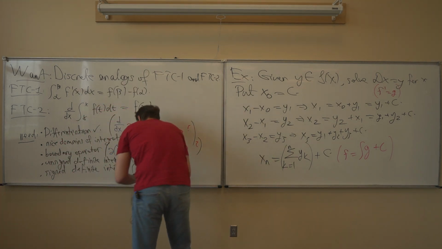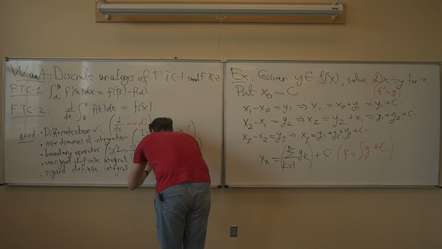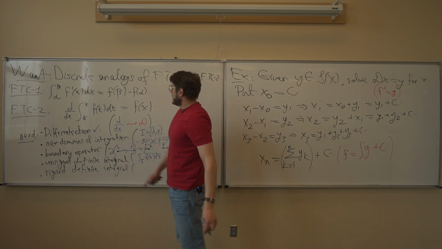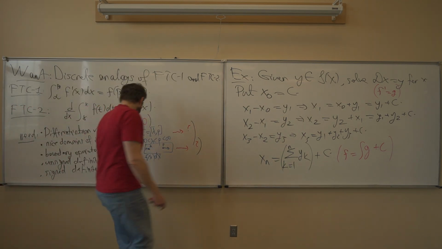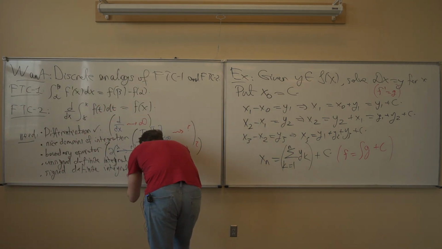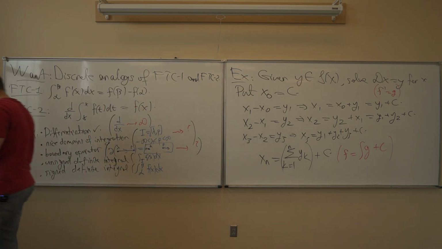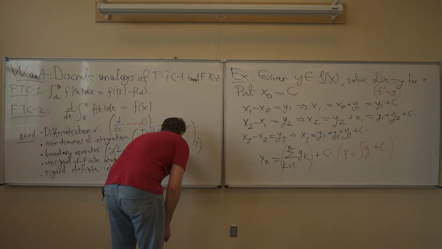In the classical setting, this was just integration over this I of f of x dx. So I need an analog of this. I didn't write it here, but this had an unsigned integration version. And we need a signed definite integral, which goes from alpha to beta. Okay, so we need an analog of this and an analog of this.